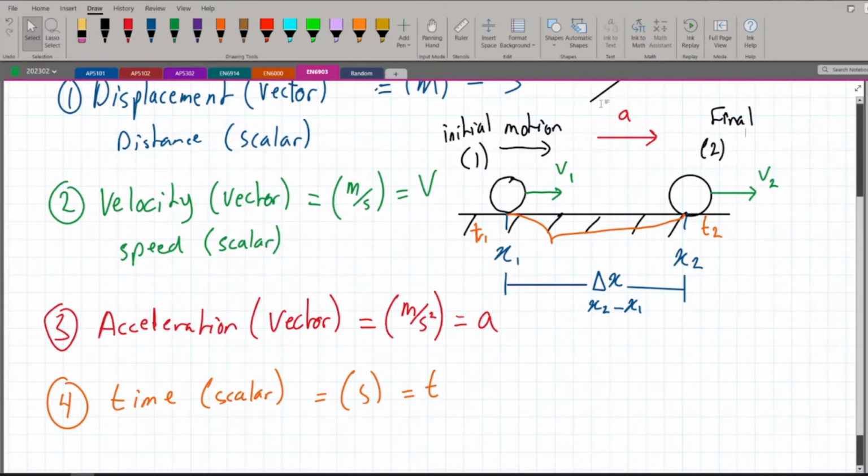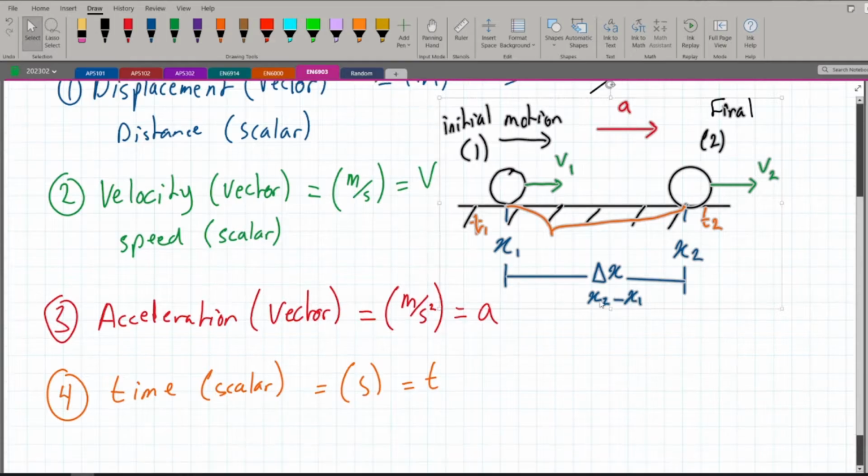It might have an initial acceleration of 0 or a final acceleration at a specific point as well, but most of the time, if there is already motion from the beginning, that means it has an initial acceleration that is part of causing that motion. So acceleration will always be causing the motion. This will not be moving if there isn't an initial acceleration to it, and it will never reach the second point. Let's talk a little bit more about this in detail when it comes to initial and final values.